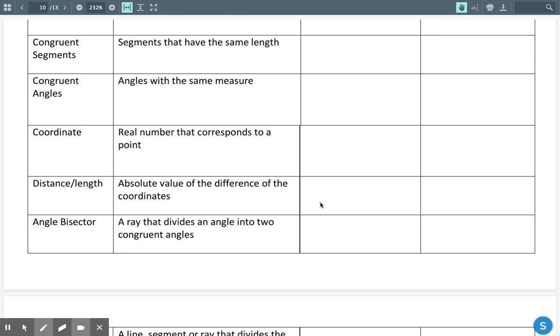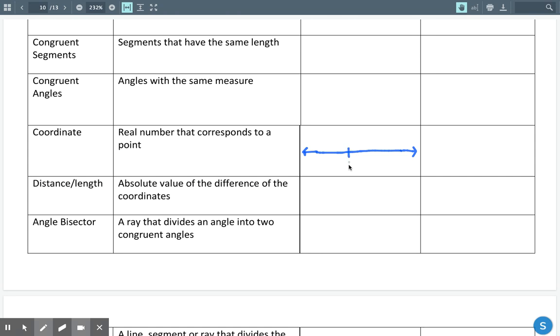Coordinate is a real number that corresponds to a point. So if I have a number line, remember number line goes on forever, both directions, because it's a line.